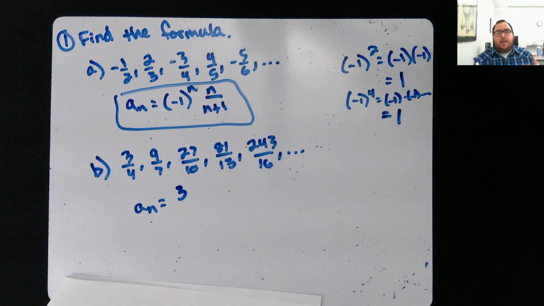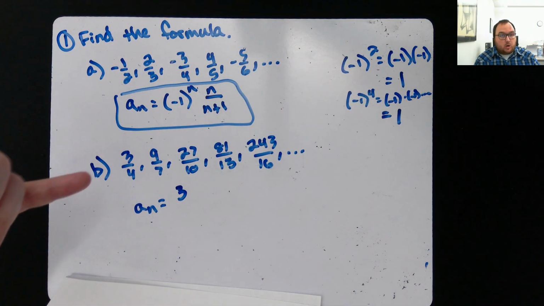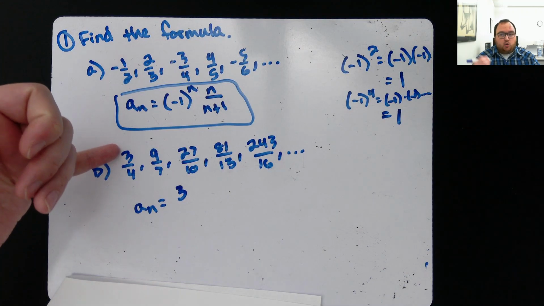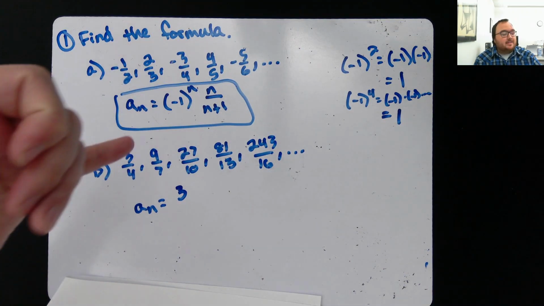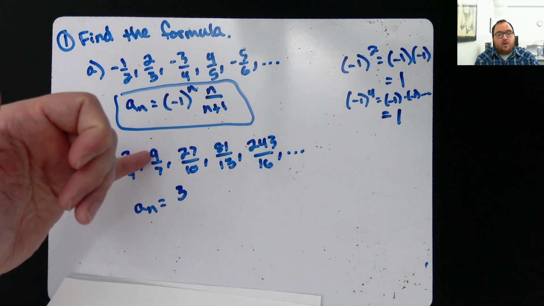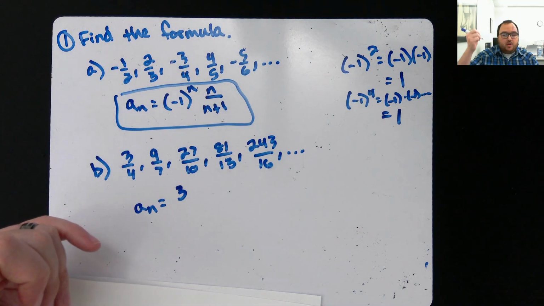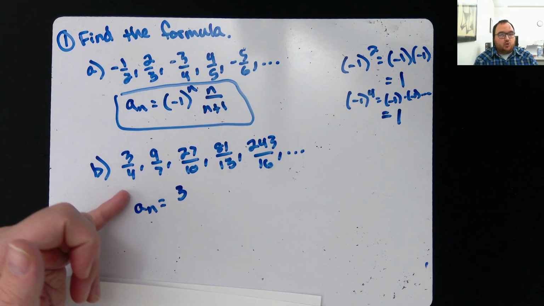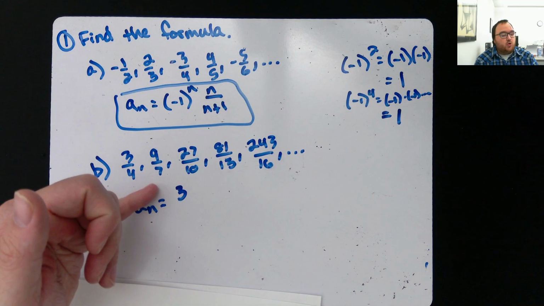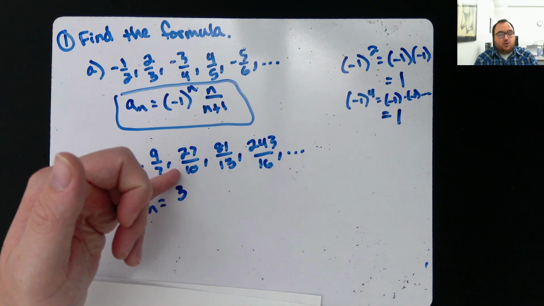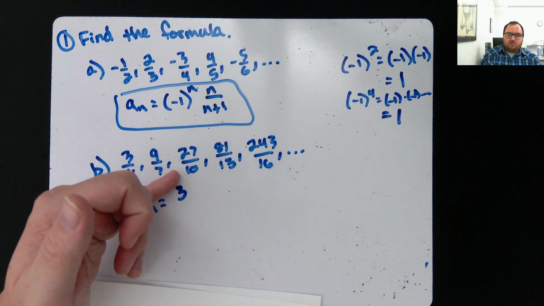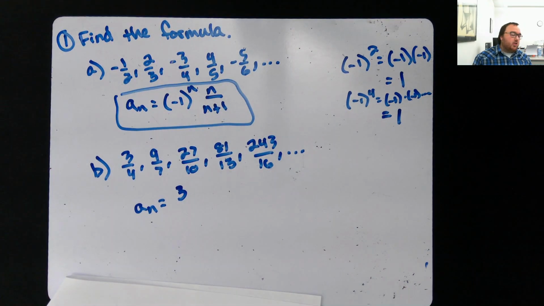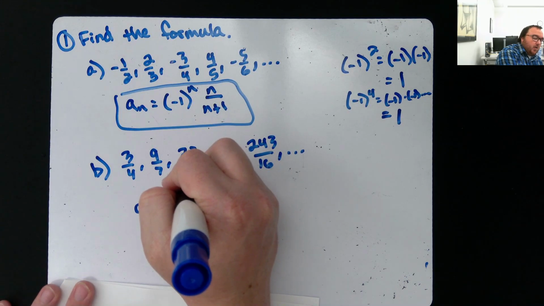Well, what should my power be? Well, my first term, I get 3, which is 3 to the first. My second term is 9, which is 3 to the 2. So for A1, it's 3 to the 1. For A2, it's 3 to the 2. For A3, it's 3 to the third, and on. So it's just to the power of n.